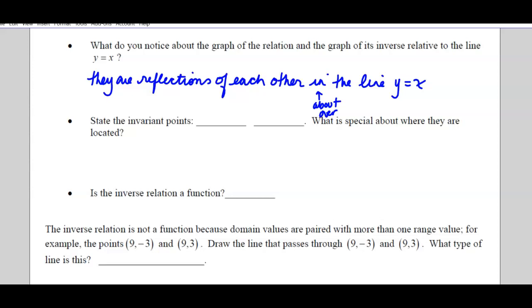And the invariant points, we pointed those out: the origin and 1, 1. They have to be on the line y equals x, so the coordinates have to be equal to each other. Okay.